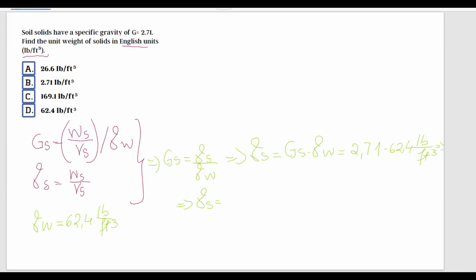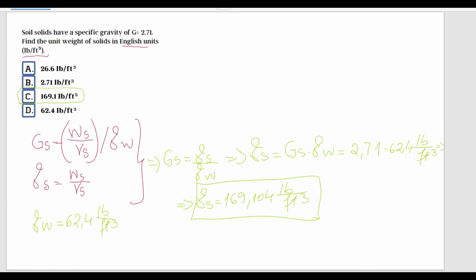I get a value of 169.104, and this is pounds per cubic feet. And this is our answer. Based on these options, the correct option is C, 169.1 pounds over cubic feet.